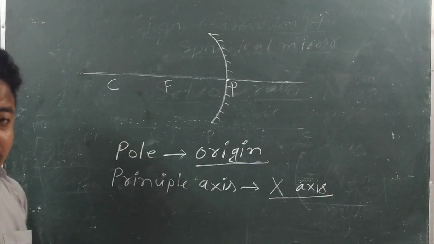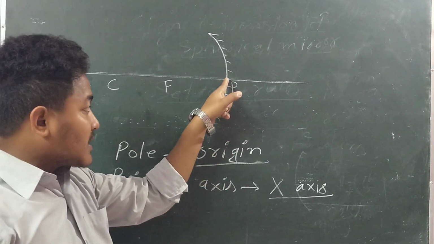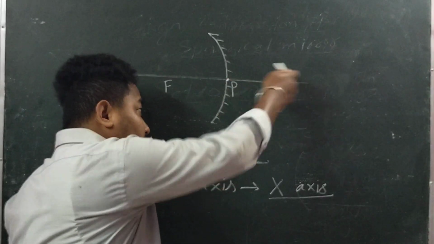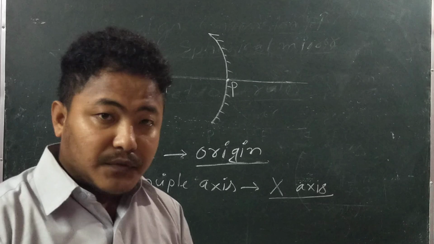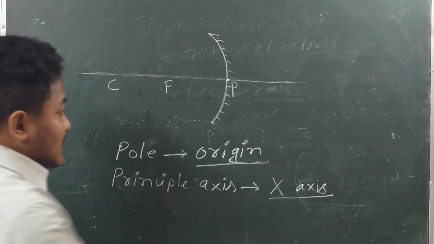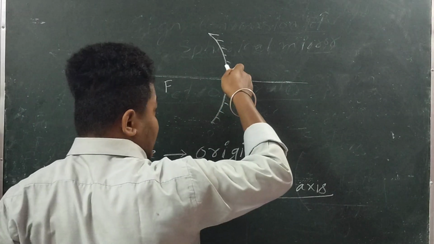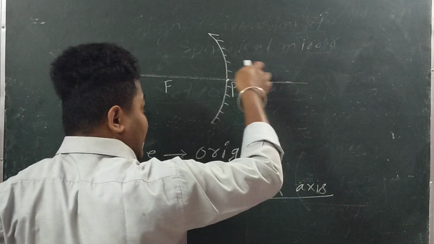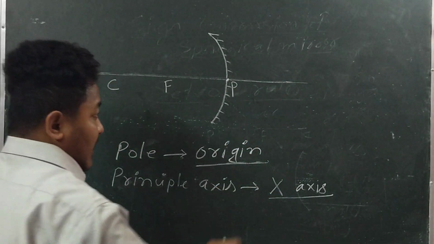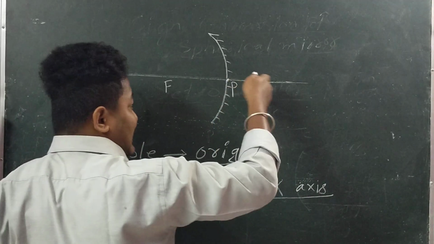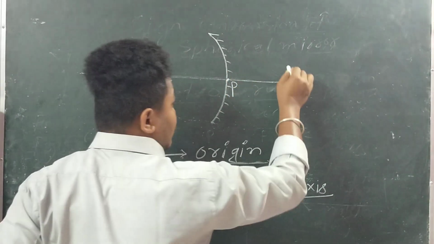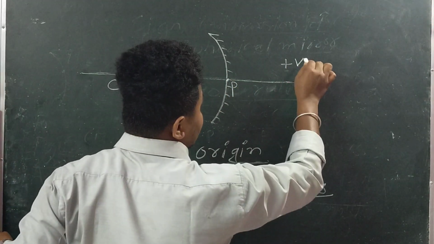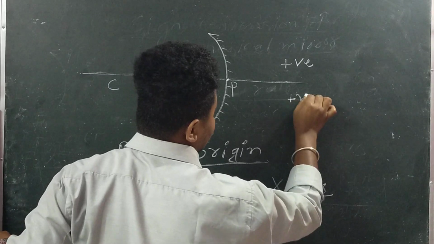Any distance measured towards the right side of the mirror is considered positive. That means any distance from the pole towards this side will be regarded as positive.